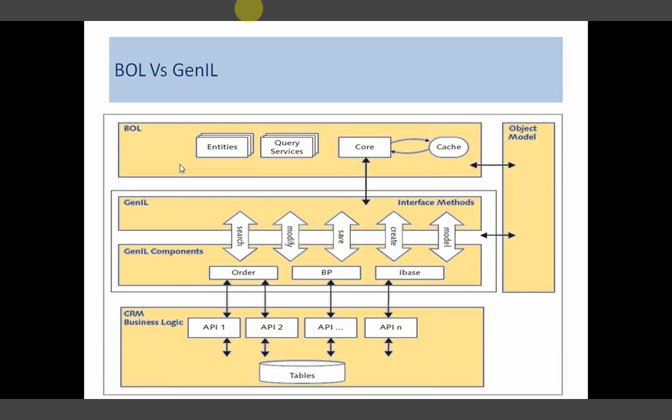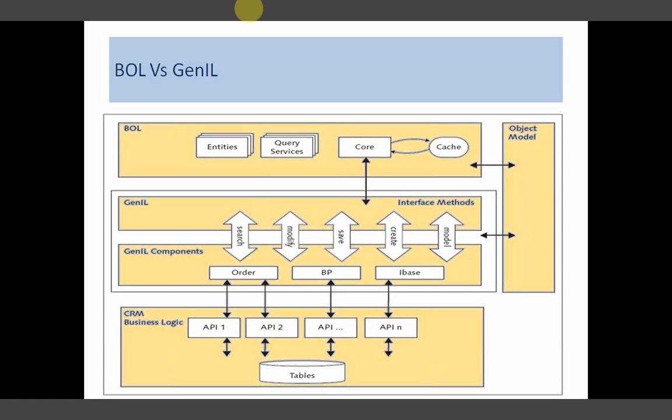The third one that we see is the core. This is a core object for the business object layer. That means the core object is responsible for creating all the services of the business object layer. I'm repeating again: the core object of the business object layer is responsible for creating services of the business object layer.